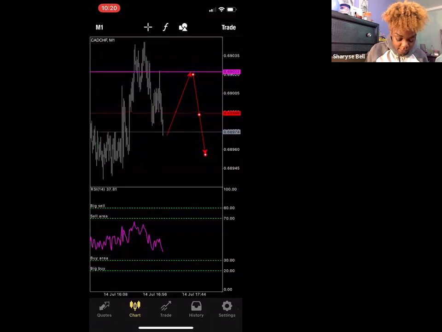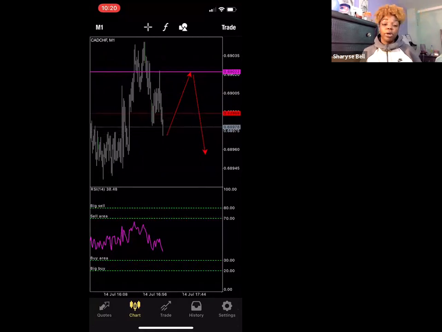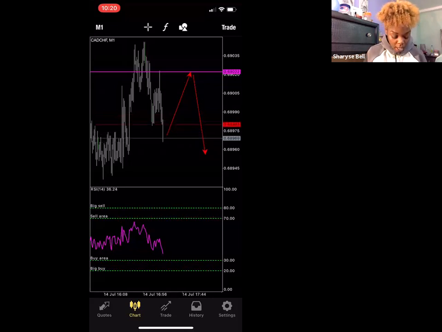This is a sell limit, meaning your entry point is above where current price is. You want it to go up and trigger a level, and then you're expecting it to reverse. Limit orders are reversals. So this is going to be your sell limit.